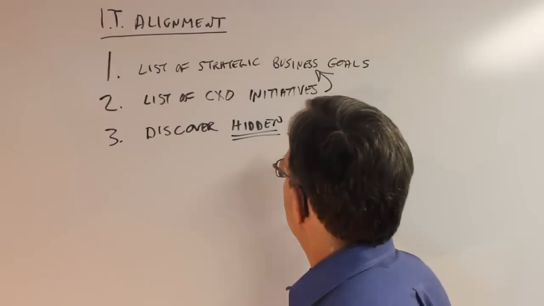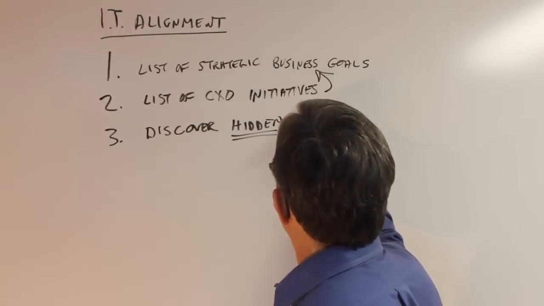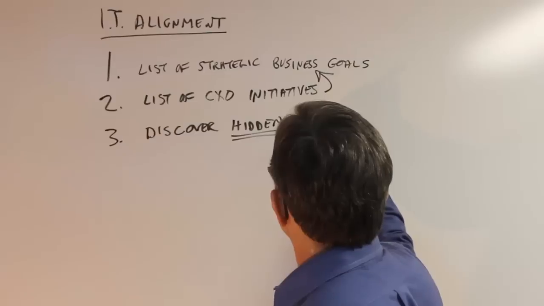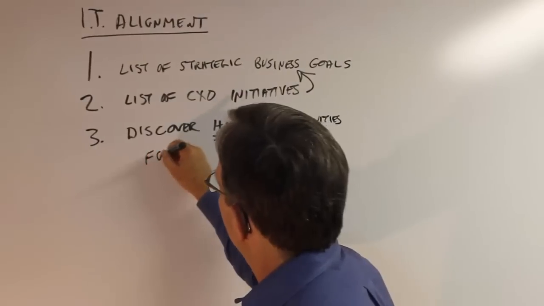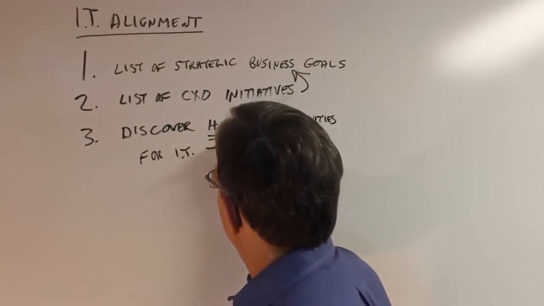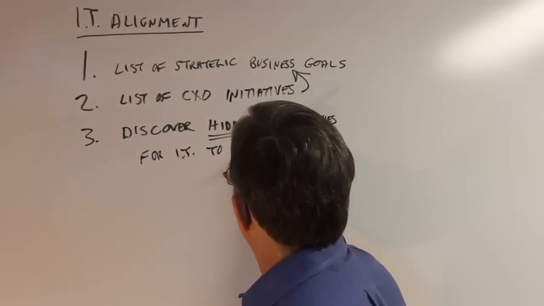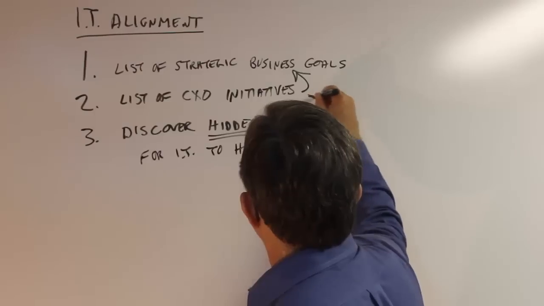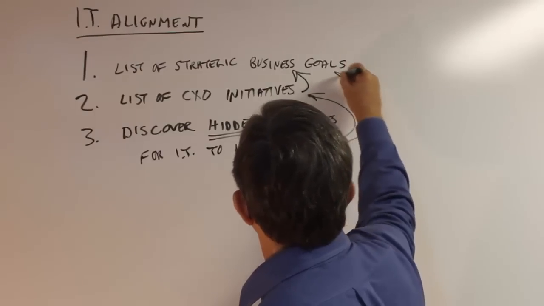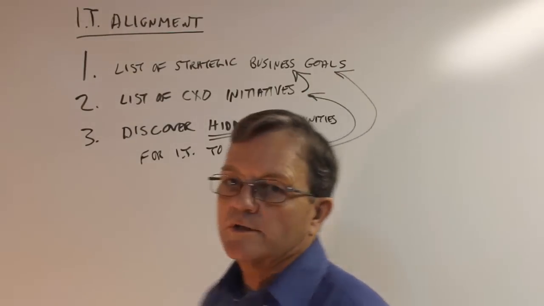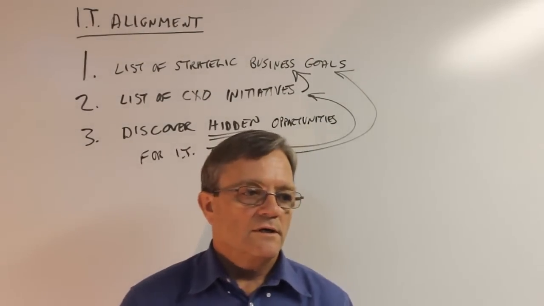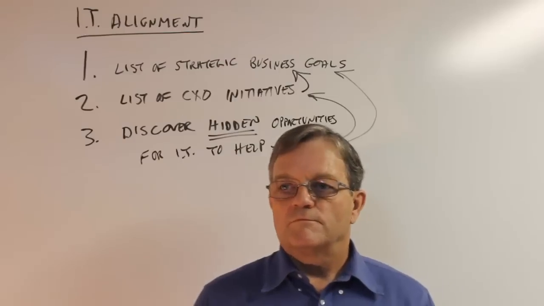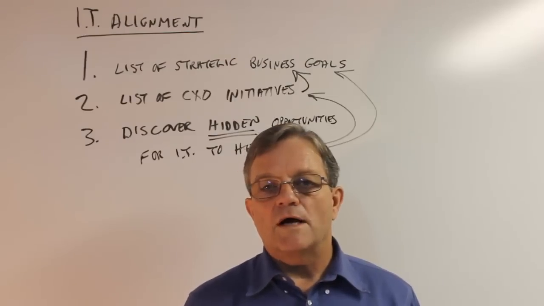We're going to go try and discover hidden opportunities for IT to help accomplish the stuff at step 1 and the stuff at step 2. And we're going to build a list of those. That list oftentimes is 50 or more items long.